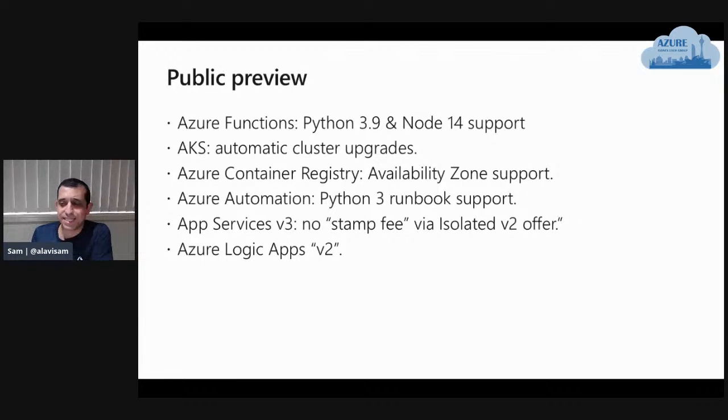App Service version 3 basically refers to a new service plan, Isolated v2. It's a simplified version of App Service Environment, the previous version, but very simplified in terms of networking and infrastructure deployment and configuration.